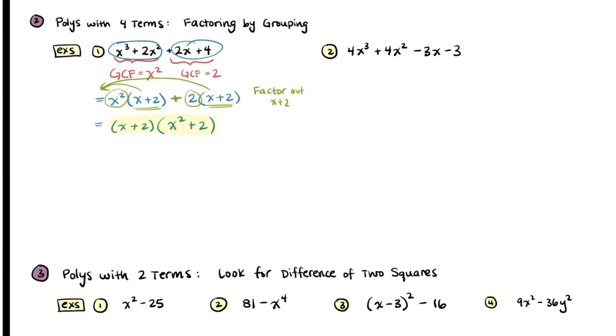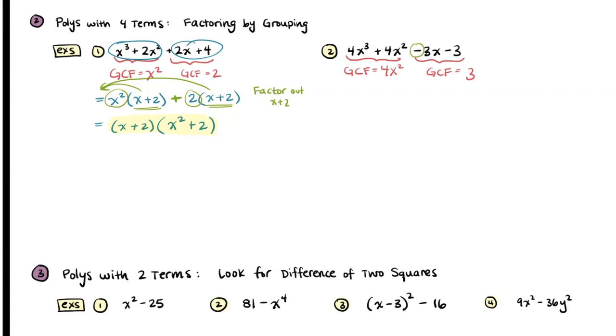So we're going to look at the first group of 2 and the second group of 2, and look for a GCF. In the first group, it looks like 4x squared is our GCF. And in the second group, it looks like we have a 3 as our GCF. But whenever we have a minus in front here, the signs can get a little bit weird.